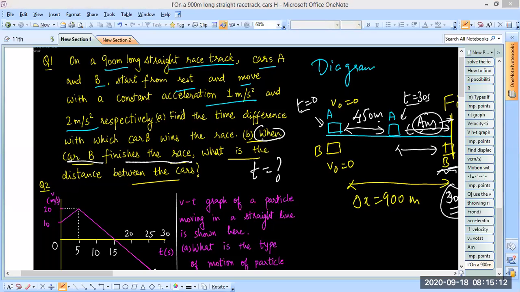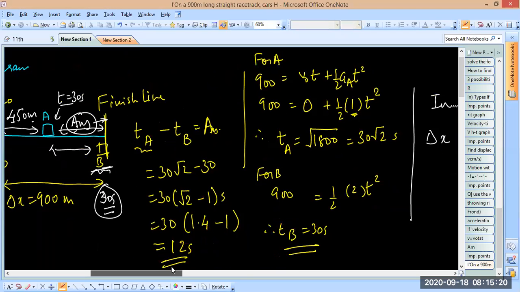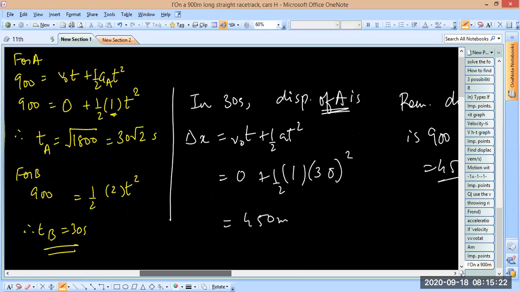I asked you when B finishes the race, what's the time? It's not 30 root 2, all right? It is 30. I hope everyone realizes why I'm putting 30 here, because we have to find when B finishes the race, what is the distance.